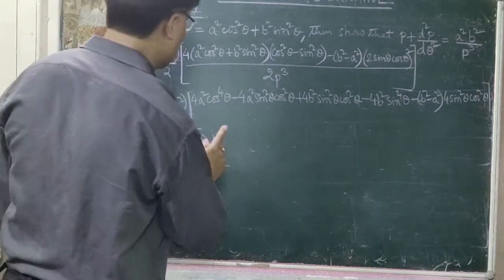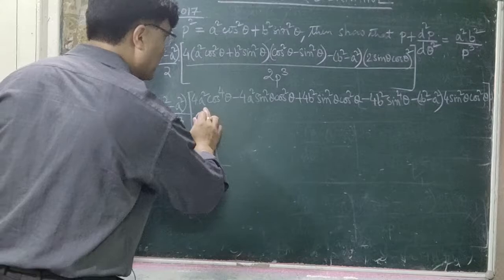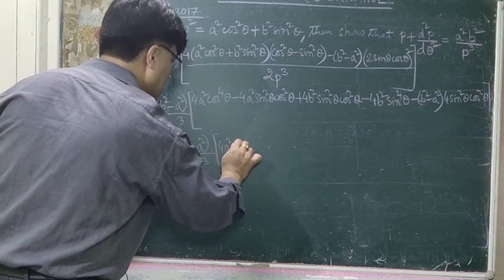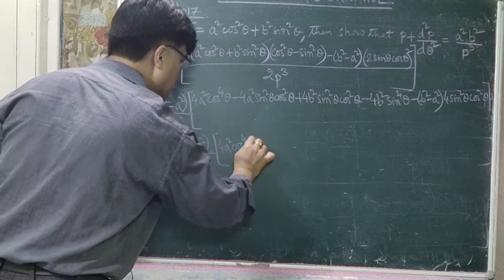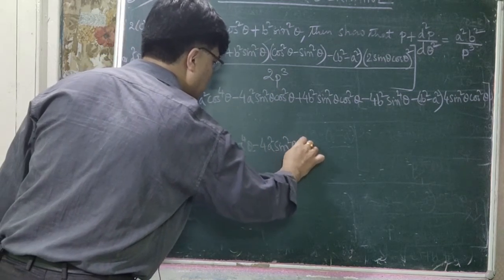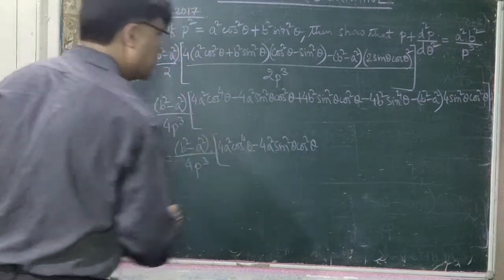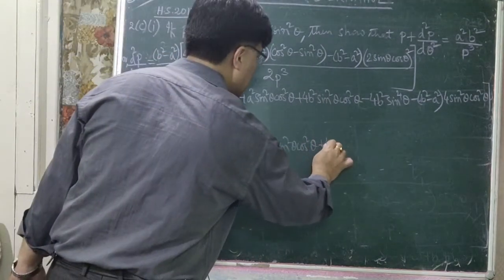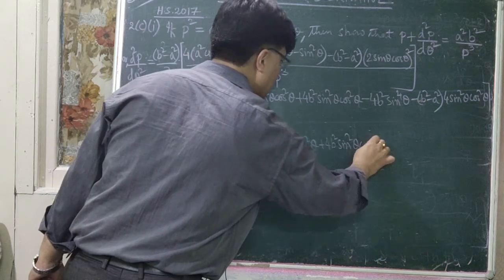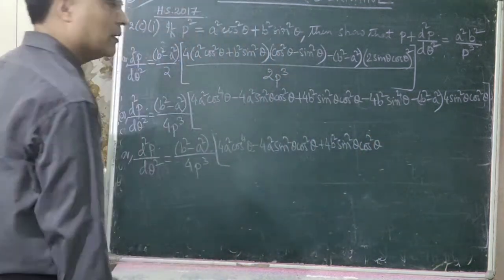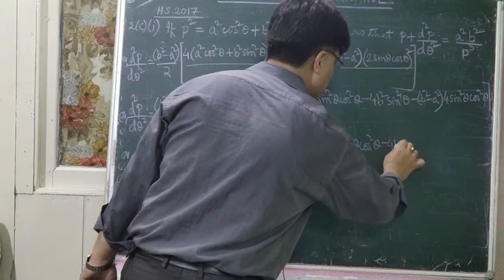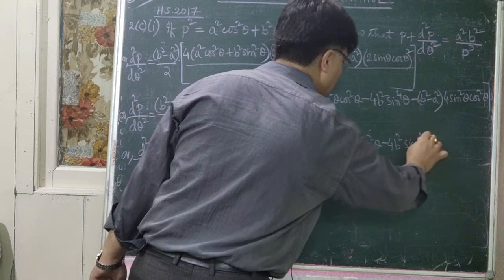Now keep the first four terms as they are: 4a² cos⁴θ − 4a² sin²θ cos²θ + 4b² sin²θ cos²θ, then next minus 4b² sin⁴θ.